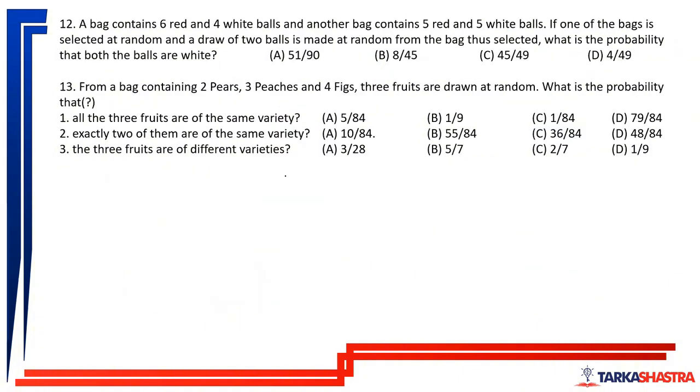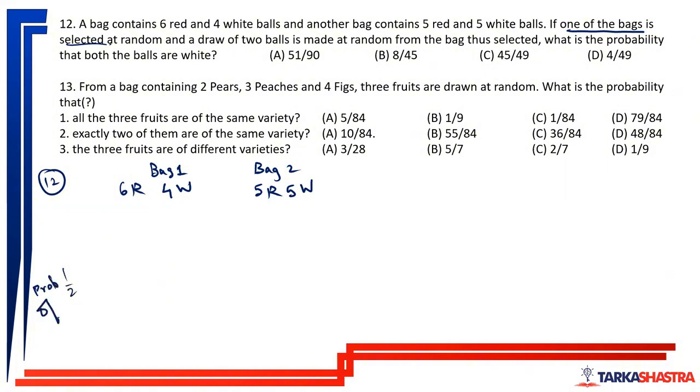Moving forward to 12th question. A bag contains 6 red balls and 4 white balls, and another bag contains 5 red balls and 5 white balls. So this is bag 1 and this is bag 2. If one of the bags is to be selected, what is the probability of selecting a bag? 1 by 2.